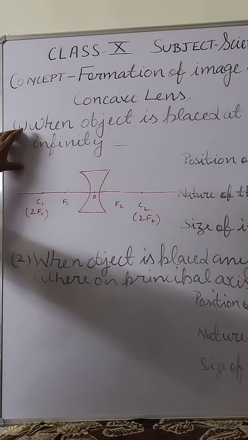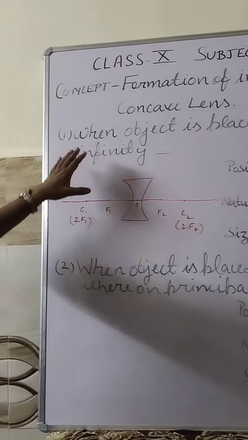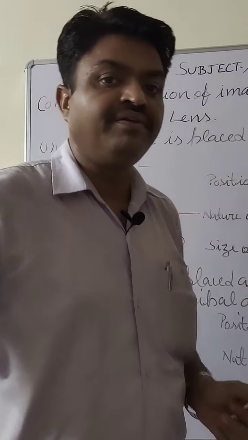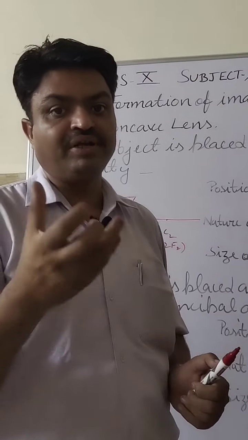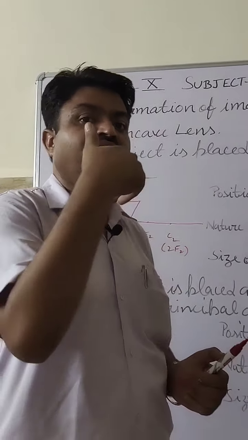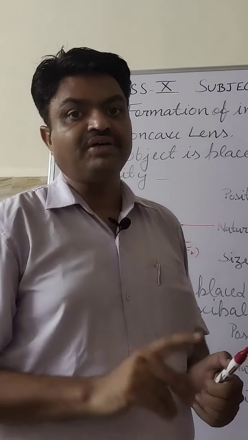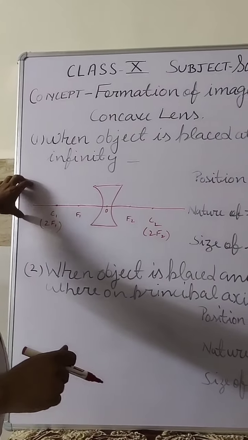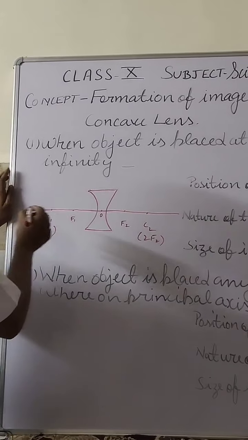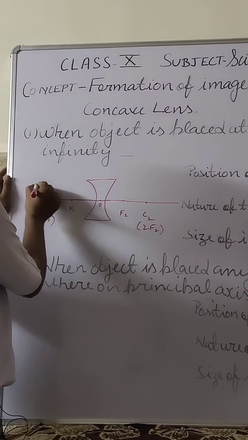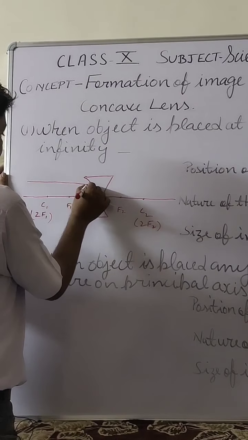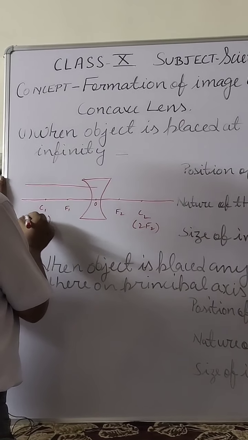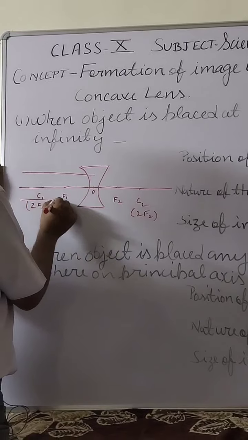Now in this, what is the condition and where is the object, student? It is at infinity. Means we can't count the distance of that particular object because it is at infinity, like stars. So the image will be formed like this. These are the incident rays.